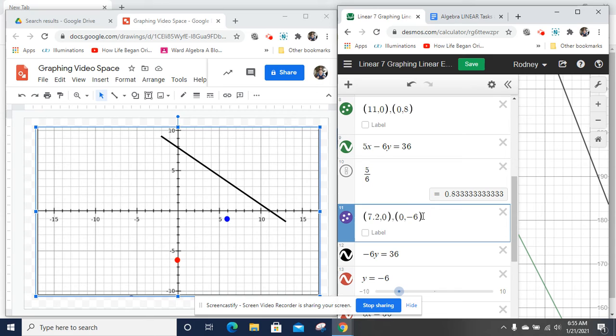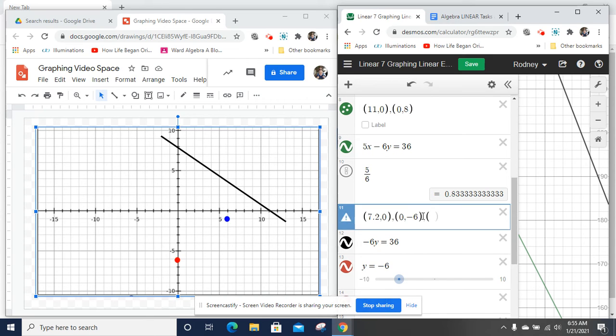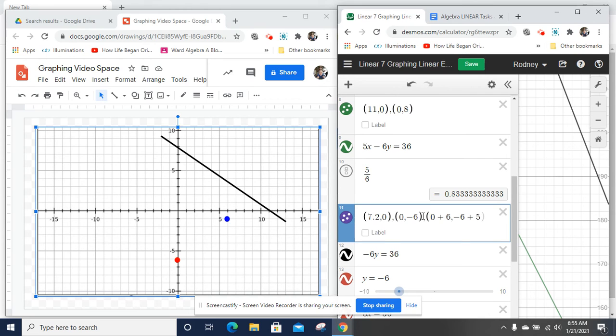I could also do it mathematically. I could say the x component is going to be 0 plus 6, and the y component will be -6 plus 5, because the vertical change is 5 and the horizontal change is 6.